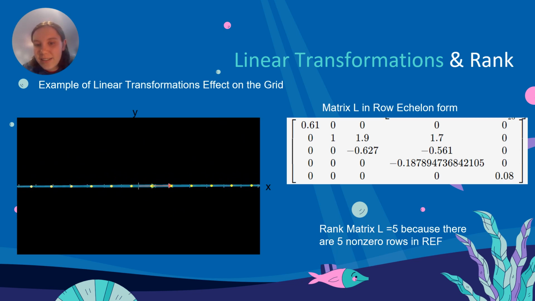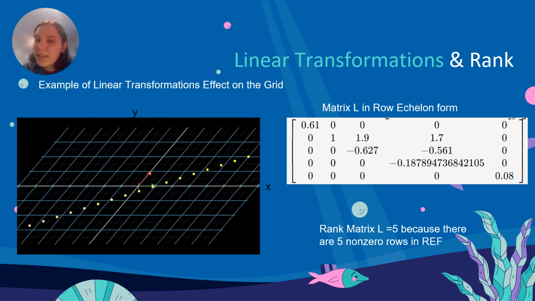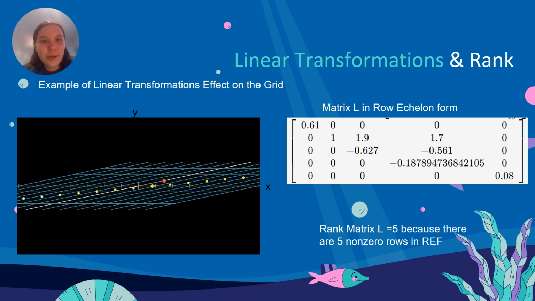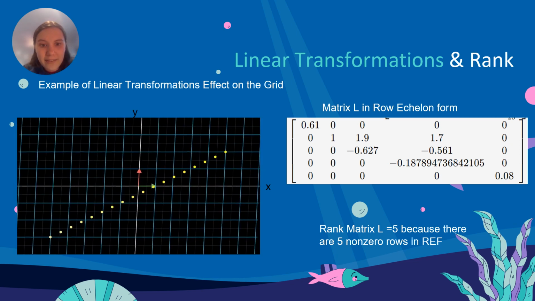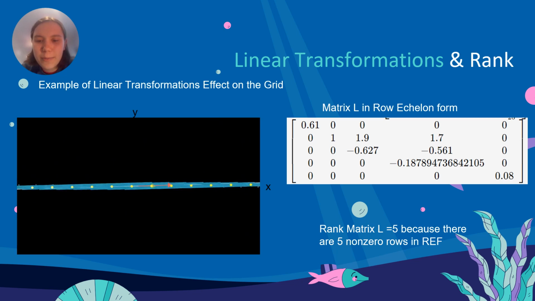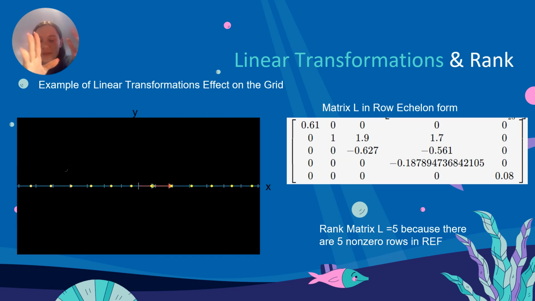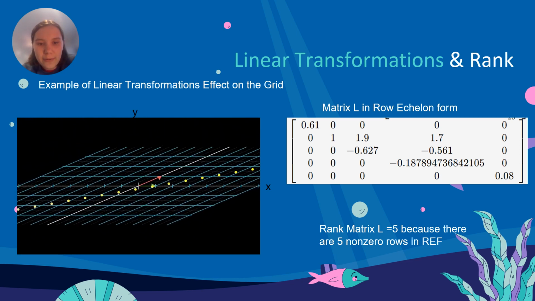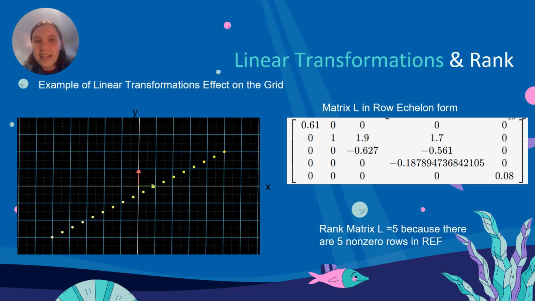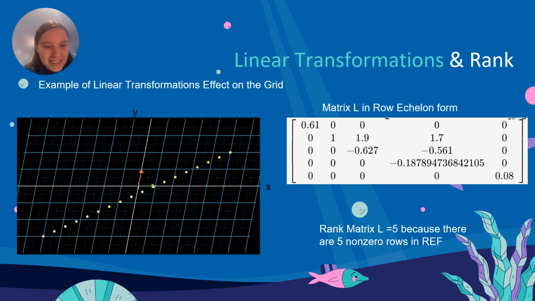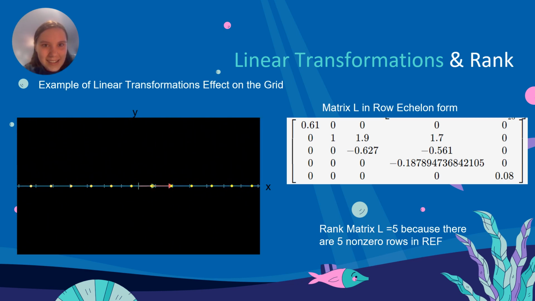And we can see here that we have no zero rows, meaning that our rank is 5 and it's full rank. And then we have here just a quick example and reminder of what a linear transformation looks like on the grid. So we're effectively just shifting the grid and changing what it looks like. All right, let's get into our analysis.